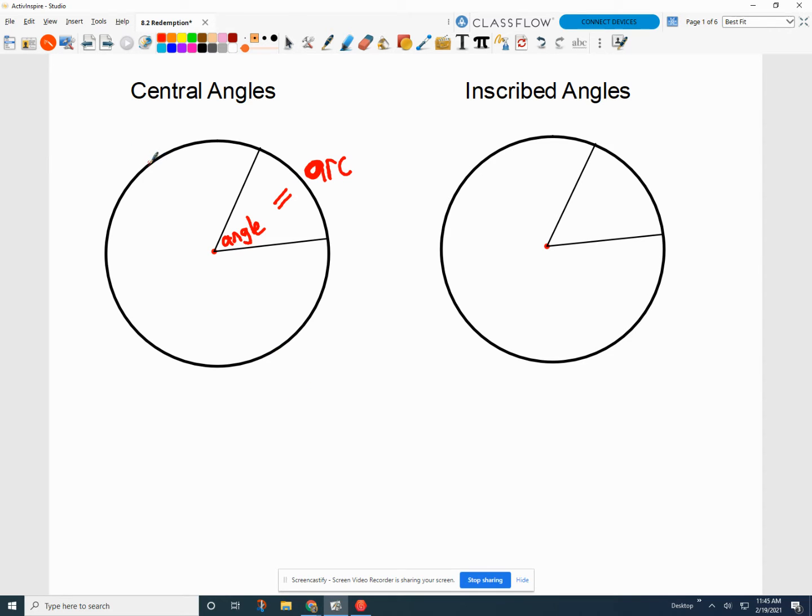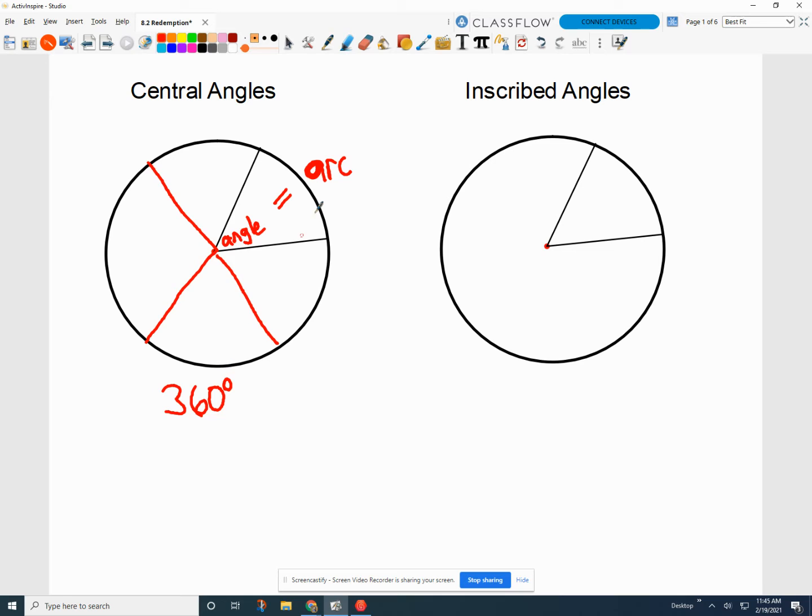So what that means is if I were to draw in and cut up this circle into all these different pieces, and I add up all of these different angles, and I realize they're not the same size, but if I add up all of these angles, those angles are going to add up to 360 degrees. Now that's something that you probably know just from being in high school. A circle is 360 degrees.